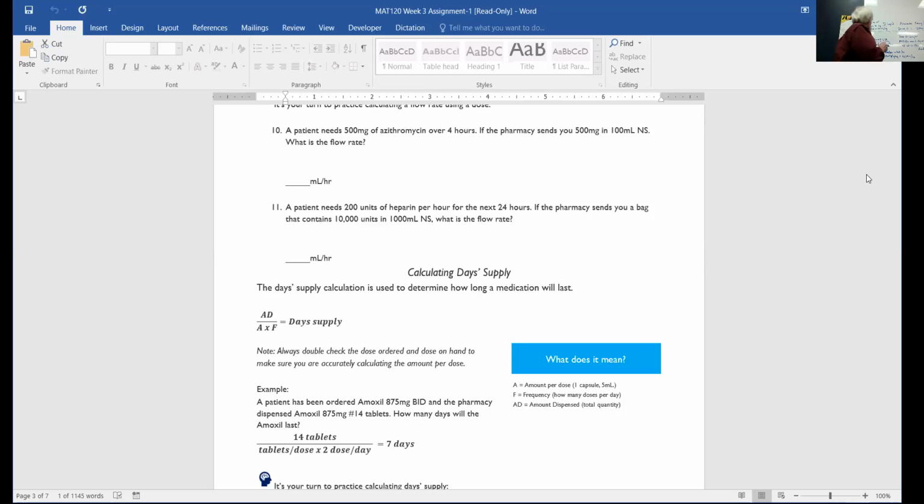Okay. We're going to be now multiplying 75 micrograms per minute times 60 minutes per hour. And what is that going to equal, B? You got your calculator out.